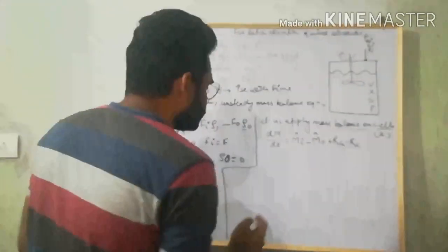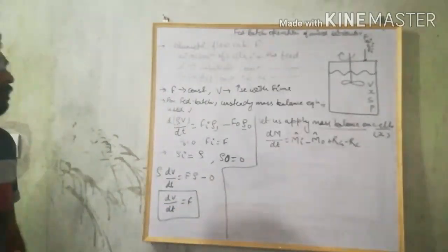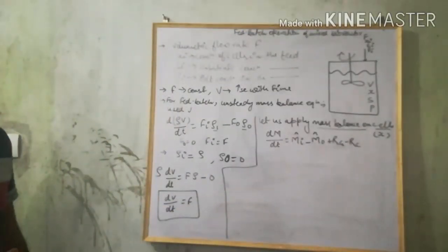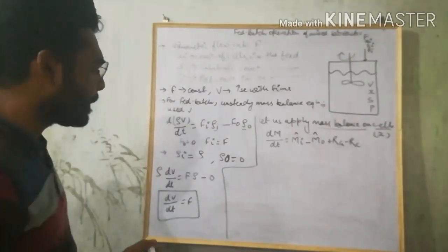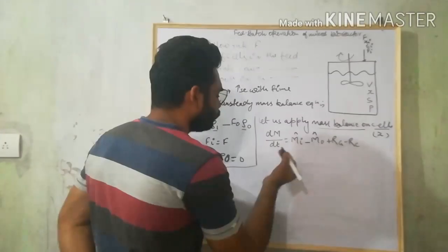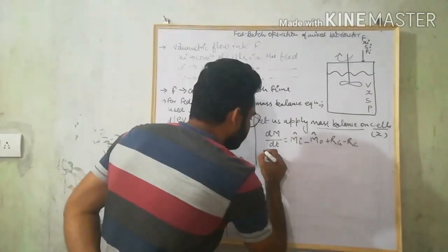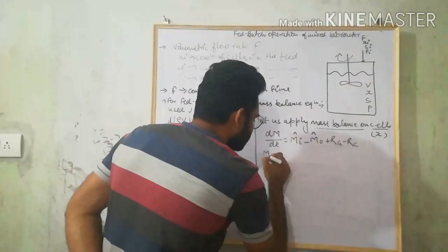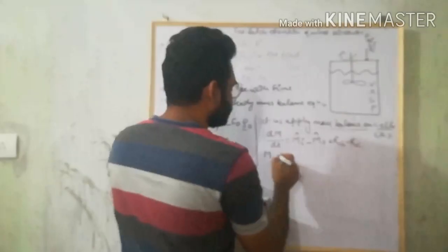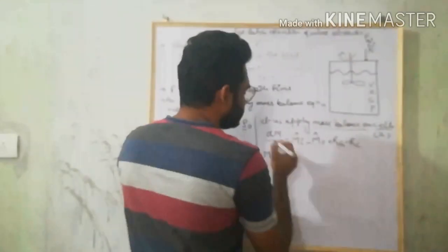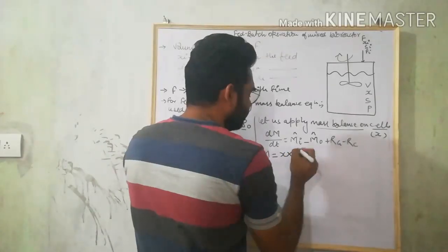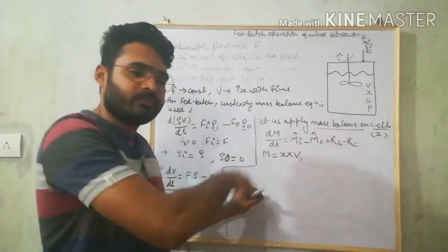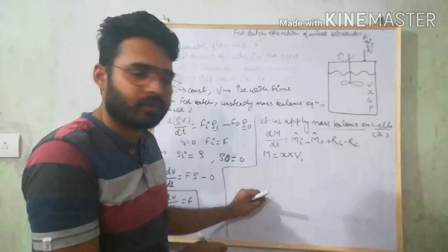So let us find out the values of the different terms that we are going to use here. So M, the mass of the cells. What will be the mass of cells? Mass of cells will be equal to cell concentration multiplied by the liquid volume. We have seen this in the batch as well.